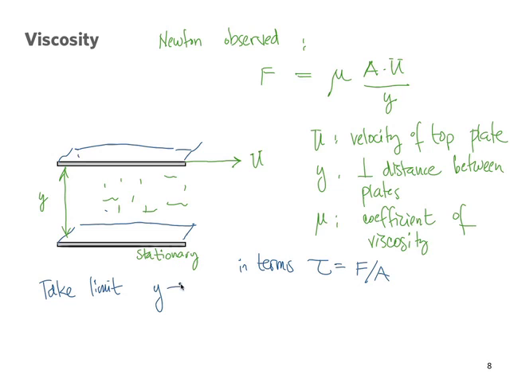So we take the limit, and we write dy instead of y, and instead of capital U, we write small u, the velocity of any layer of fluid, and we write the following relationship, which is an experimental observation. The shear stress tau is equal to mu times du/dy.